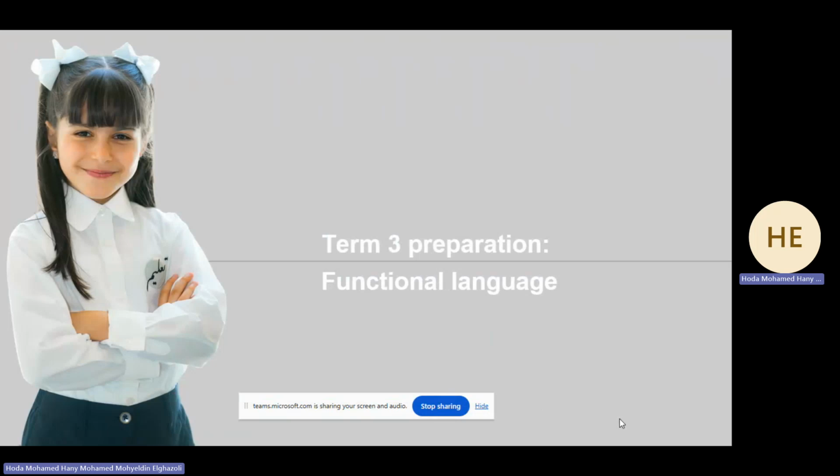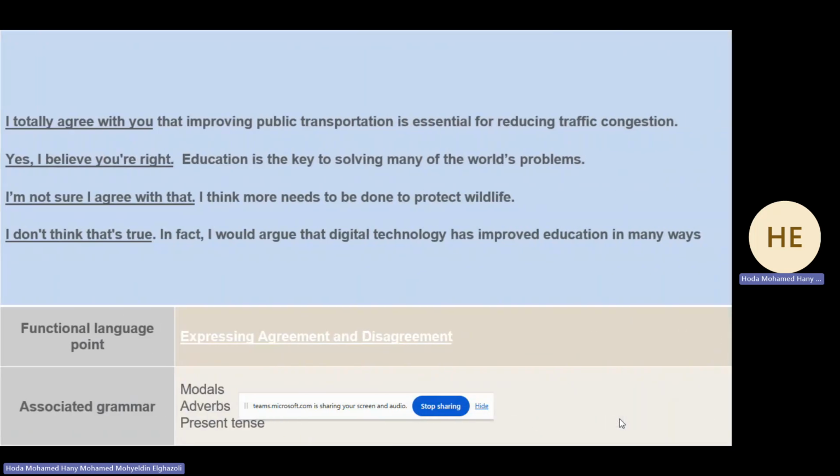Now, as for the functional language, again, you will most probably use these in your own writing, in the writing part of the exam, or you might have to choose a word related to this in the maze section.